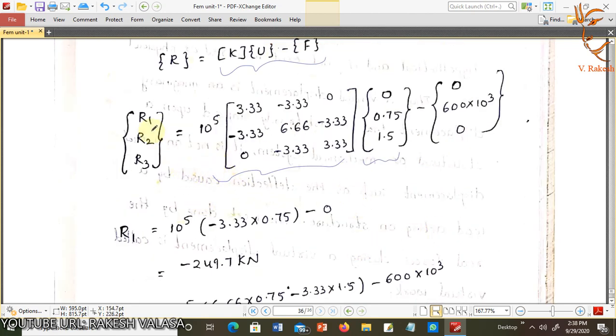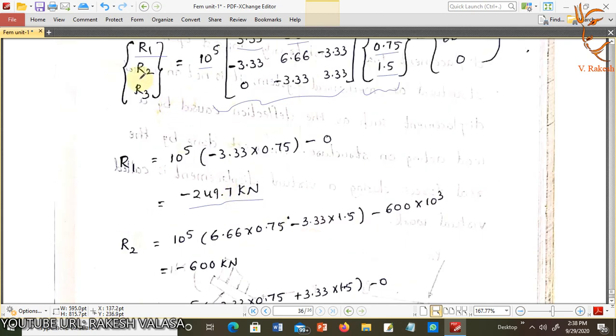Now simplify this equation. R1 equal to 10 power 5 into 3.33 into 0 minus 3.33 into 0.75 plus 0 into 1.5 minus 0. The answer is minus 249.7 kilonewtons.